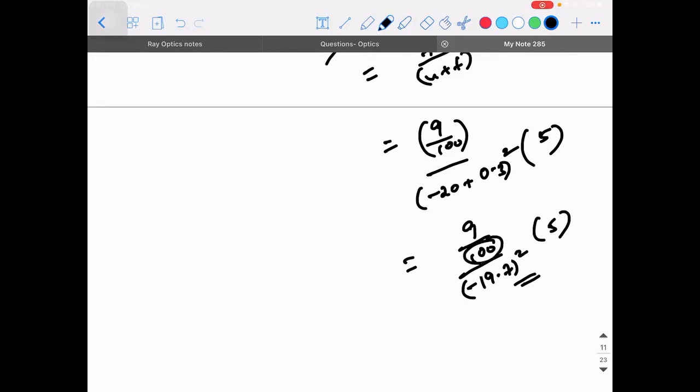Multiplying by 10 square, I can make it 197. So 9 divided by 197 the whole square into 5. You guys have to calculate and tell what is the answer.